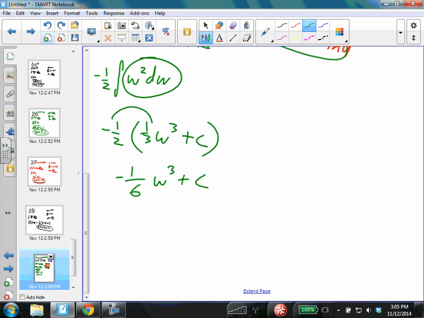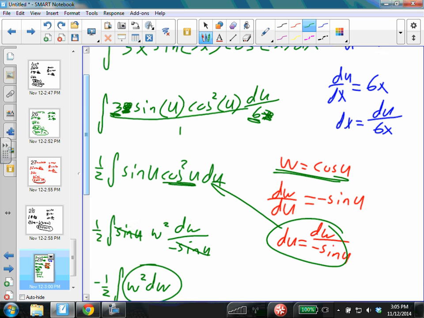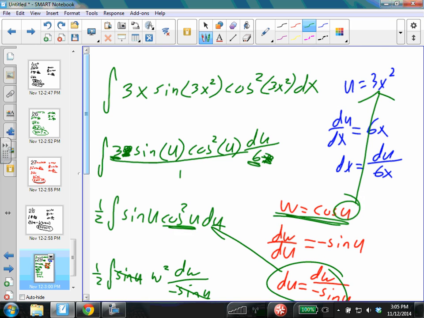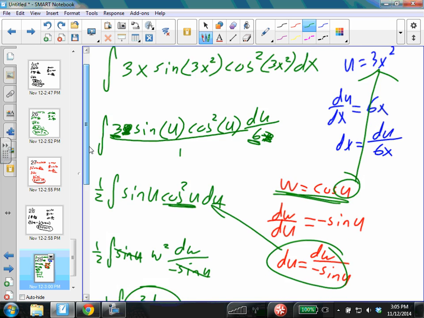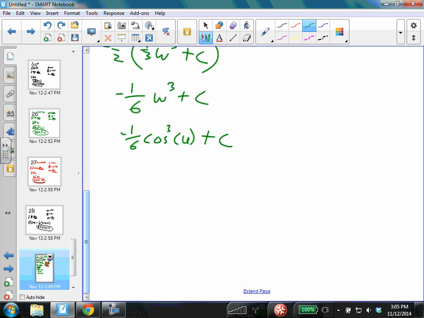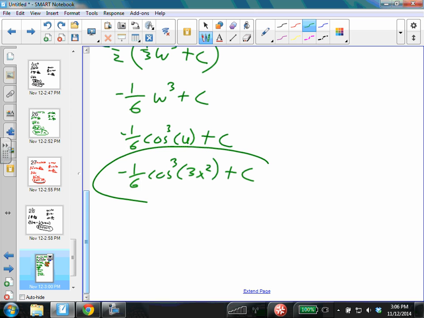Okay, so my w is cosine u, so this is negative 1/6 cosine cubed of u plus c. Very good. And then u, if you remember, is 3x squared. So where I have this u, I'm going to change it to 3x squared. So there's my final answer.